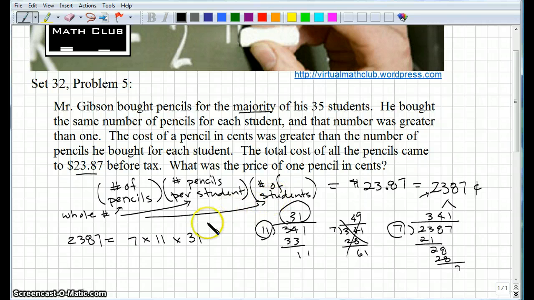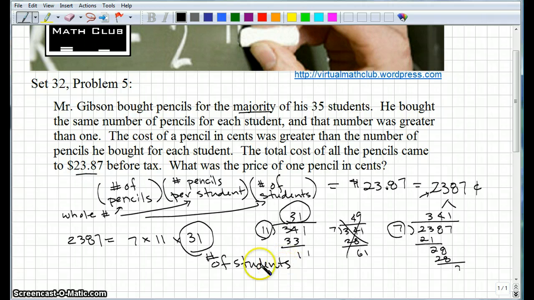So let's reason out which number is what: the number of students, the number of pencils, and so on. Now we know he's buying for the majority of 35 students, so it has to be greater than 17, 18. So 31 has to be the number of students that he's buying for.